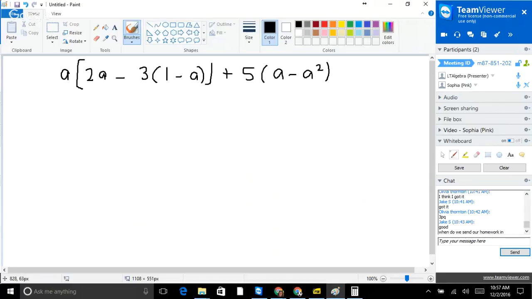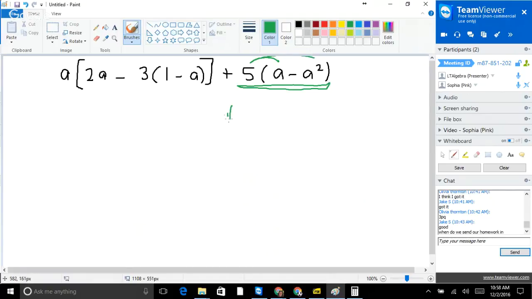Okay, so this is like my favorite problem because it's distribute, distribute, distribute, distribute, right? We need to get rid of all of these parentheses. The first parenthesis that's going to be easy to simplify is this one, right? So what do we have to do?